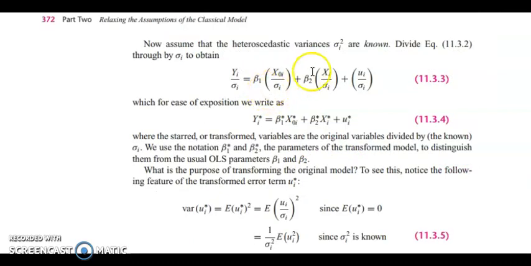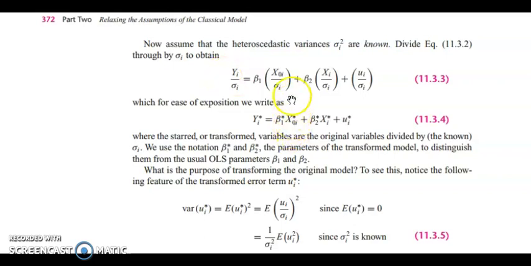Here we assume the variances sigma i squared are known. So from the previous equation, we need to divide each term by sigma i. So we have y_i divided by sigma i, x naught i divided by sigma i, x_i divided by sigma i, and u_i divided by sigma i. All these we write as y_i star, where y_i star denotes y_i over sigma i.